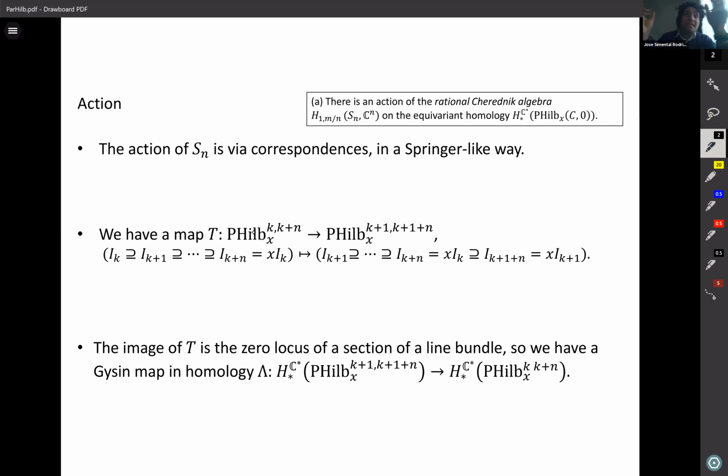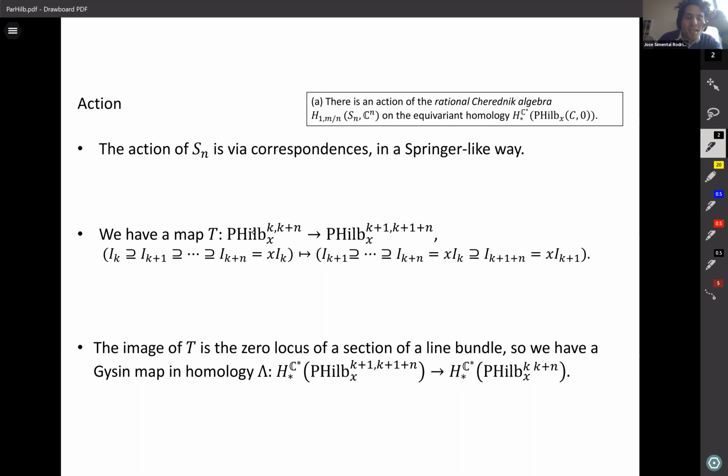Let's say I can skip the ith ideal, and I have a map from that variety to just P Hilbert I and I plus one. And I just do correspondences there. What is more interesting is the action of the x's and y's. Note that we have a very natural map from P Hilbert.